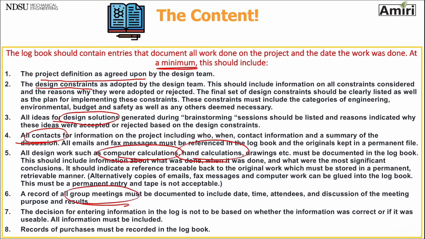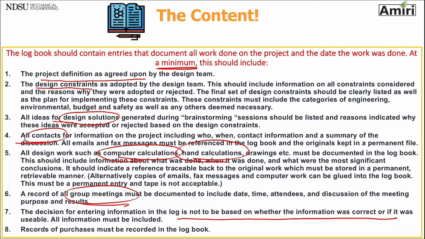All of the group meetings and what happens in them should be recorded with details. I've seen quite often that students just write bullet points of what is happening. That is not enough. Every discussion needs to have enough details. One thing is, especially when it comes to hand calculations and stuff like that, you shouldn't think, well, is this correct or is this incorrect?